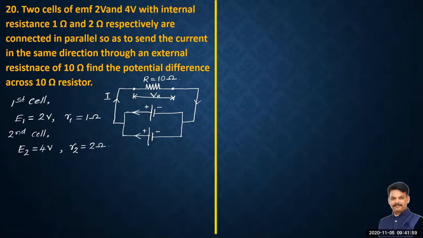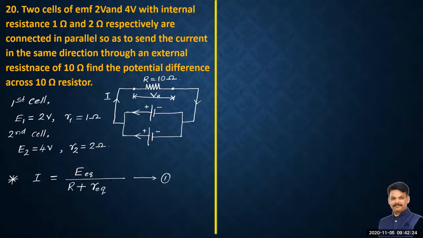With the help of those, you can calculate the current. The formula is I = equivalent EMF divided by R, that is the external resistance, plus the equivalent internal resistance. So we have to use this formula.